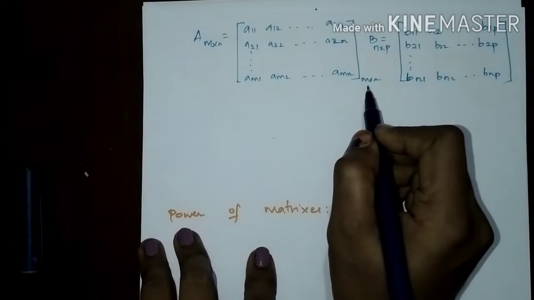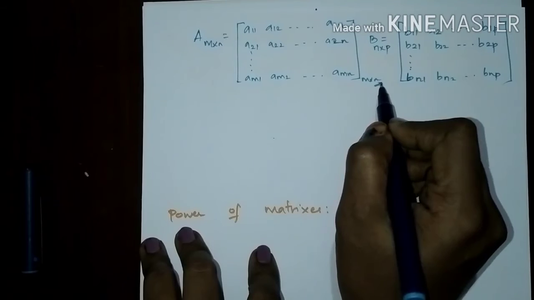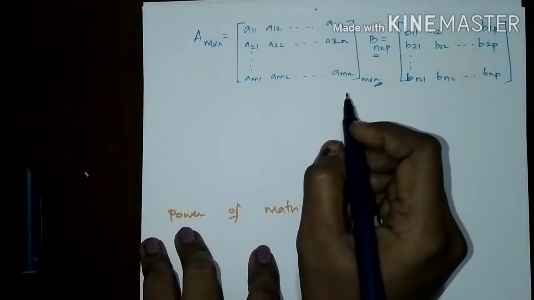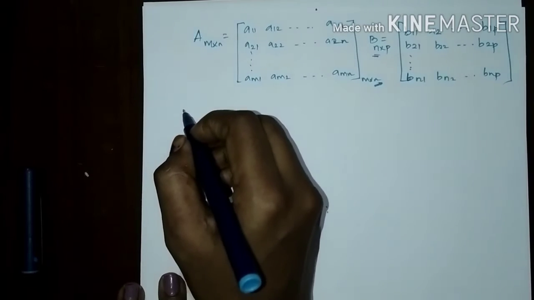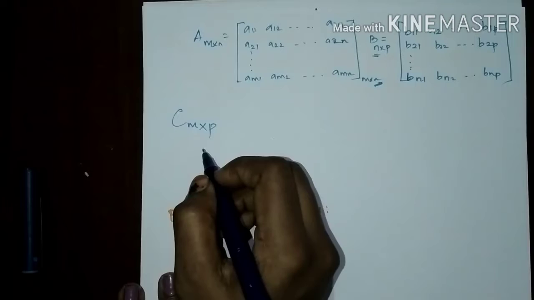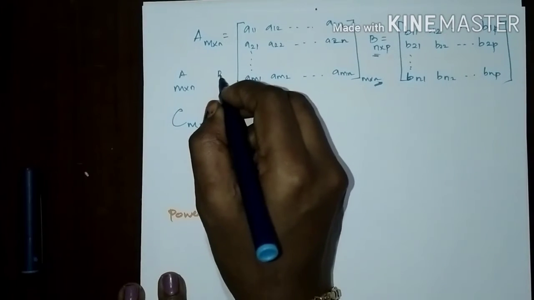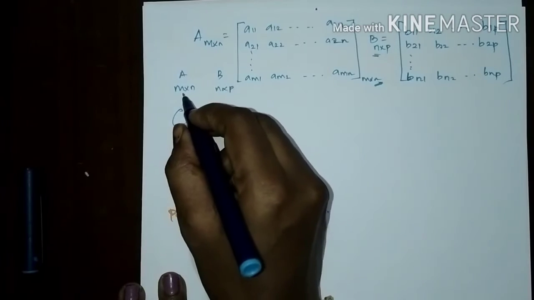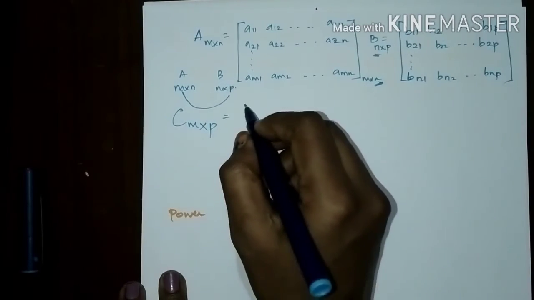Check whether the condition of conformable matrices is satisfied. The columns of the first matrix are equal to the rows of the second matrix. Got it? So the condition is satisfied. The resultant matrix would be C matrix of an order of m cross p. If A matrix is m cross n and B matrix is n cross p, the order of the resultant matrix would be m cross p. Got it?